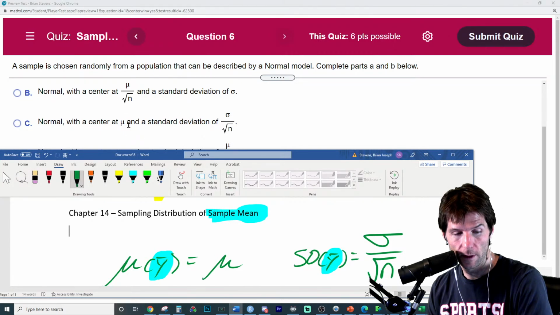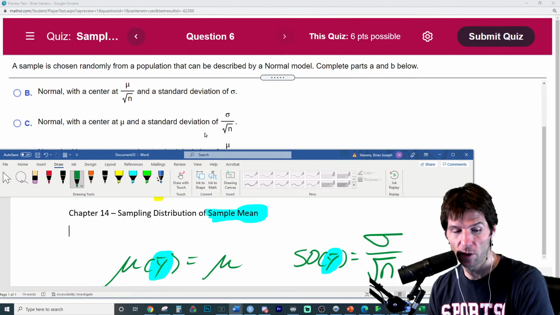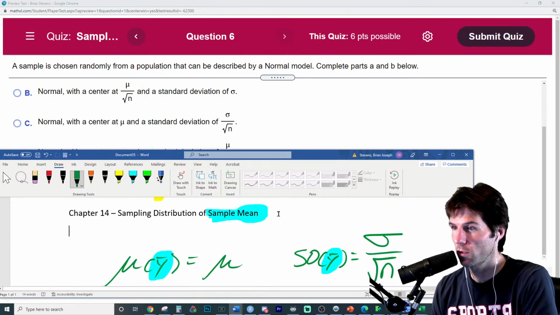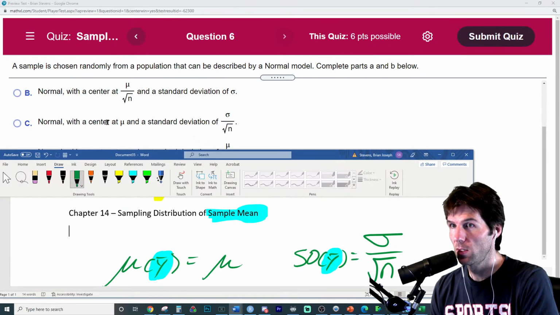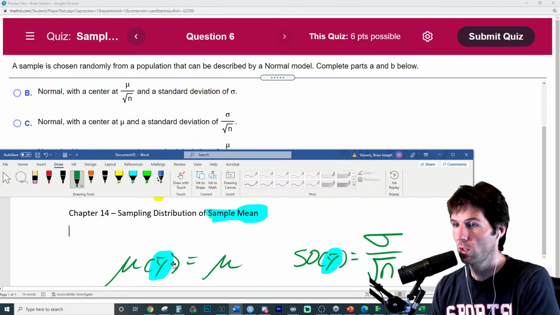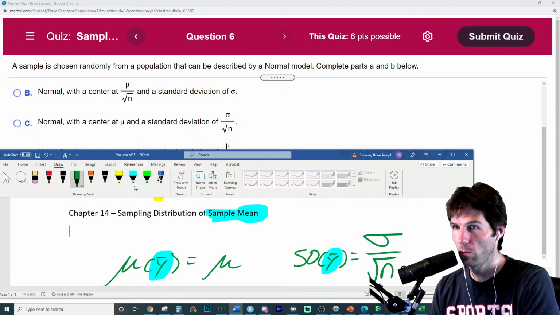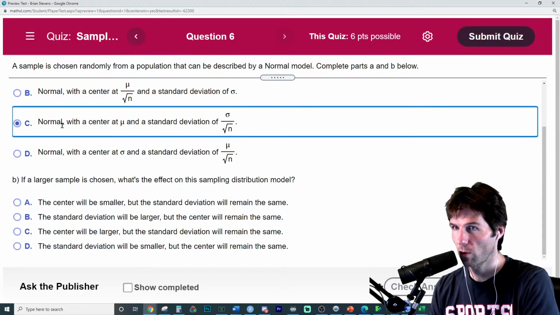So it's got to be mu, and that answers the other one. The other one, sigma over square root of n, is the standard deviation. You can see it on the screen in the equations we wrote. The center of the distribution is mu, which is the mean. They're just using different words, and we do use the normal model to describe this if we meet the conditions.